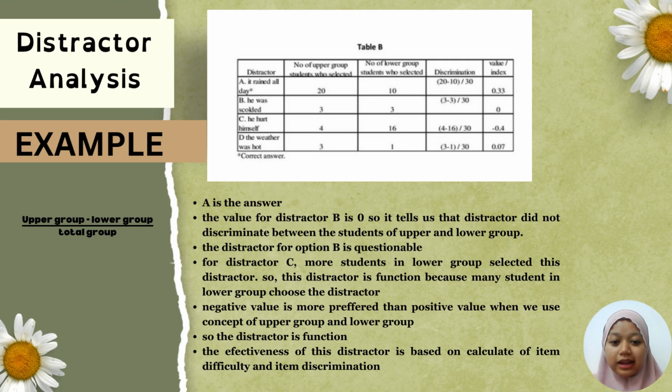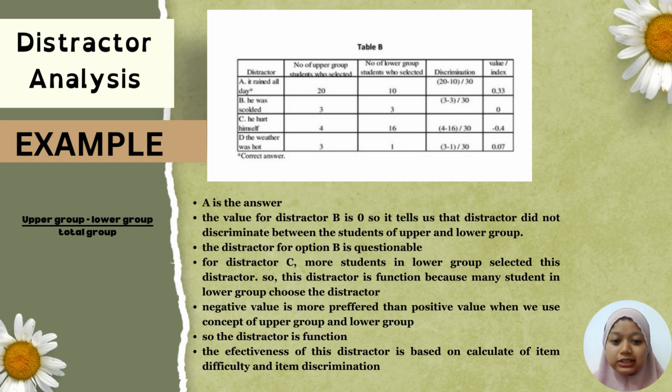So it means that the distractor for option B is questionable. Besides, for distractor C, most students in the lower group selected this distractor. So it means that this distractor functions because many students in the lower group choose that distractor.